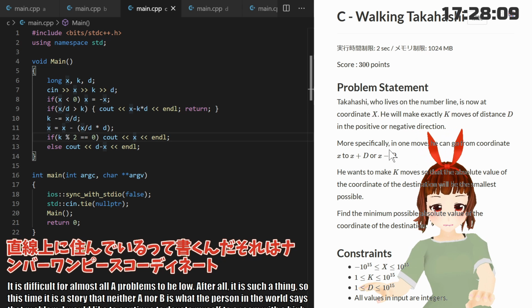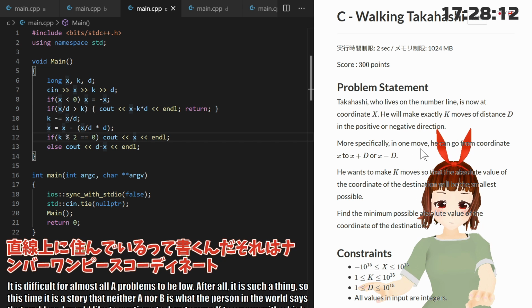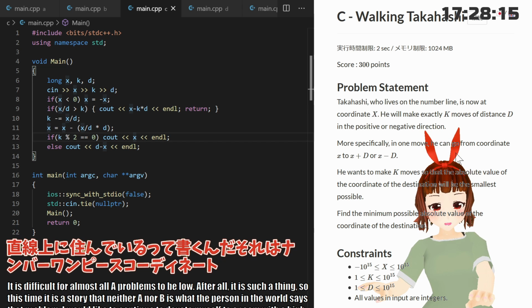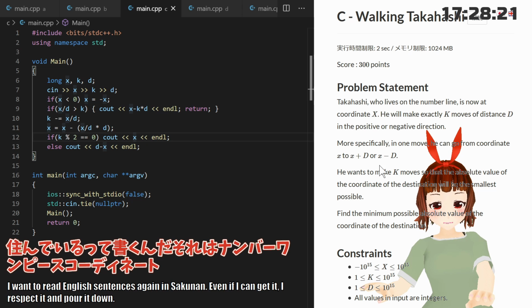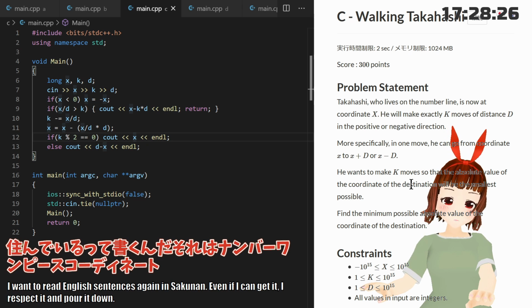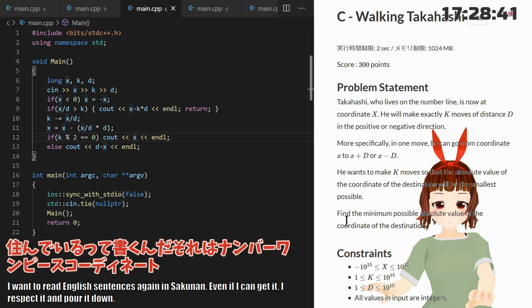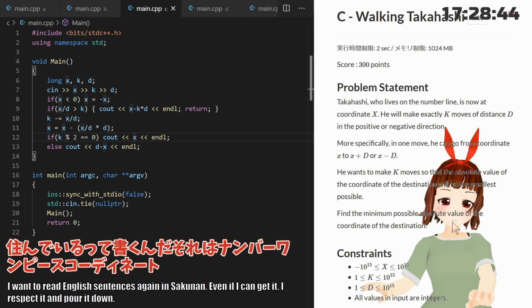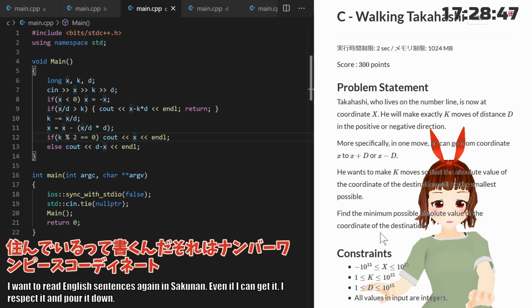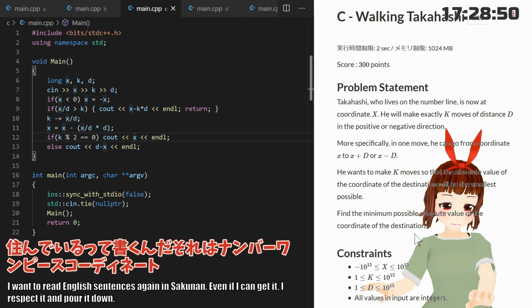More specifically, in one move, he can go from coordinate X to X plus D or X minus D. He wants to make K moves so that the absolute value of the coordinate of the destination will be the smallest possible. Find the minimum possible absolute value of the coordinate of the destination.